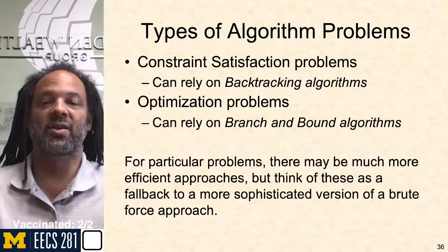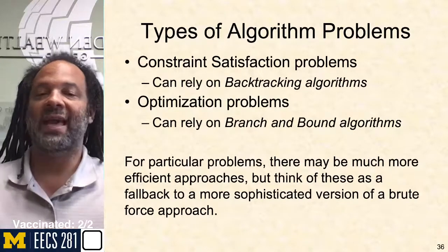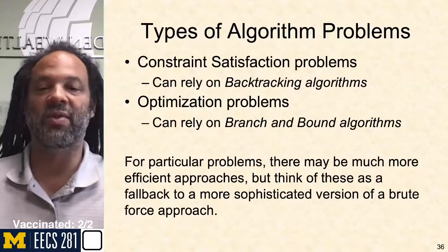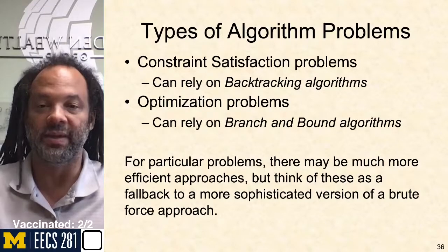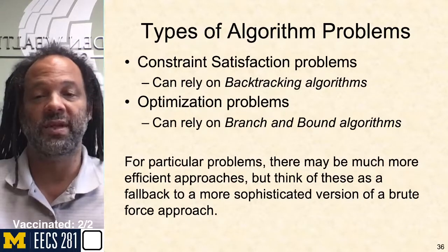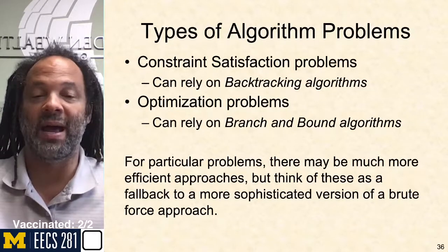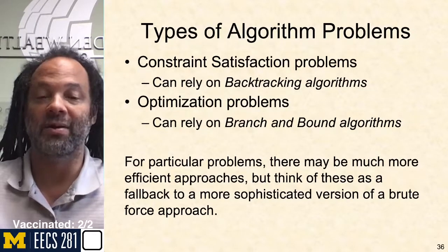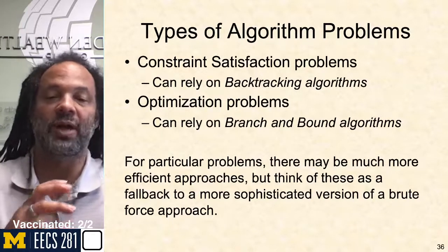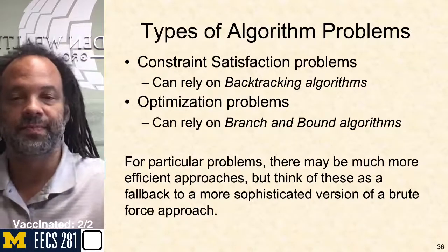So rather than having to do brute force and constraint satisfaction, if I can't come up with something super elegant, I can always use backtracking, and that's going to be better than brute force, typically. Same thing with optimization. I could do a brute force, but I could use a branch and bound and find something better, generally. So if there's not a much more efficient approach, I can always fall back on these two.